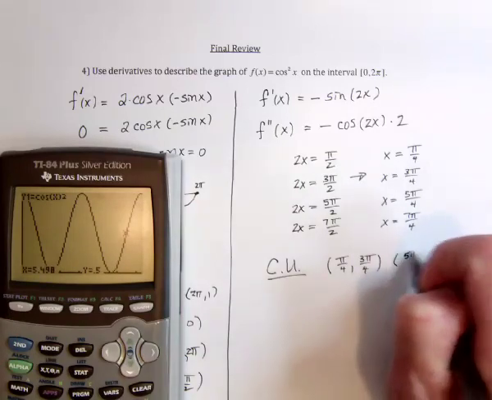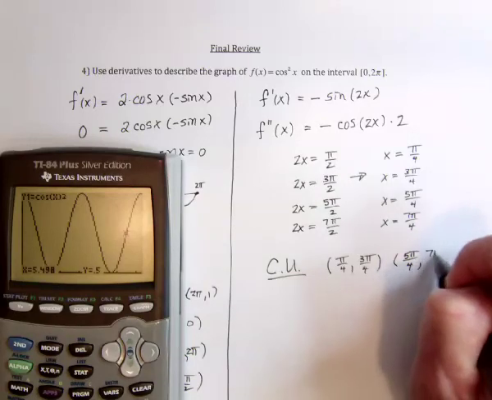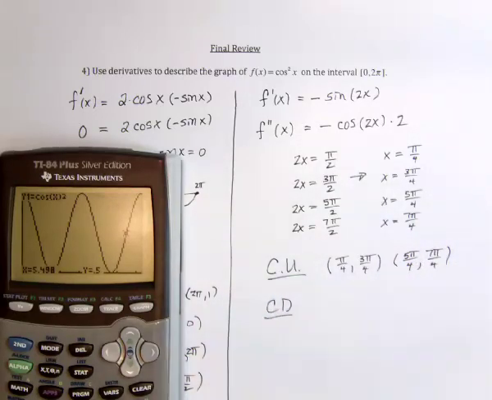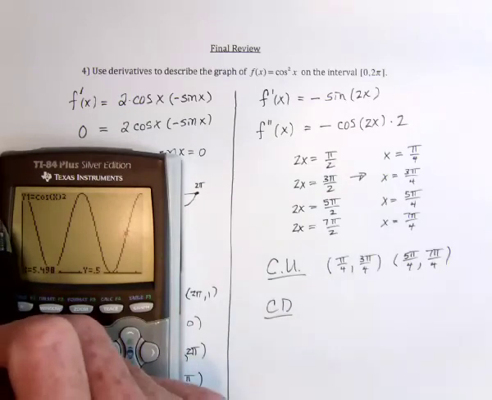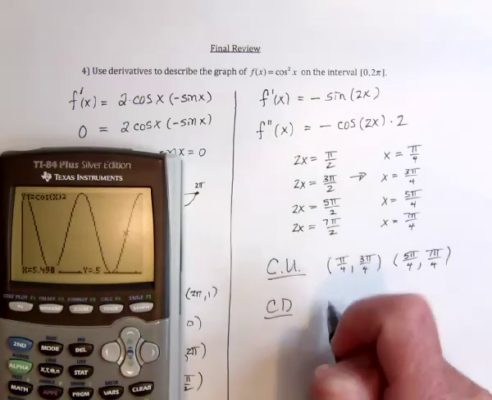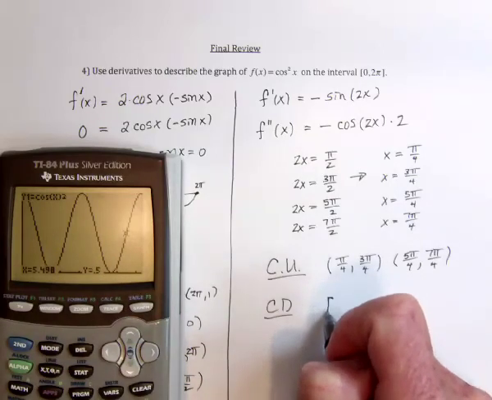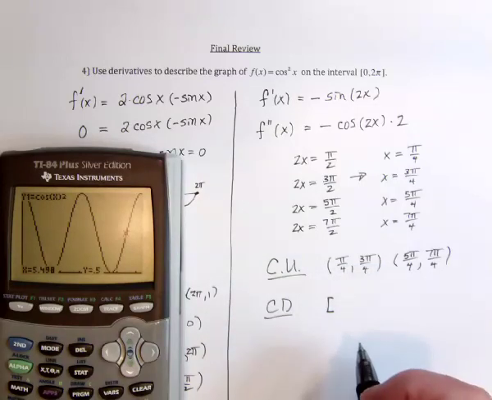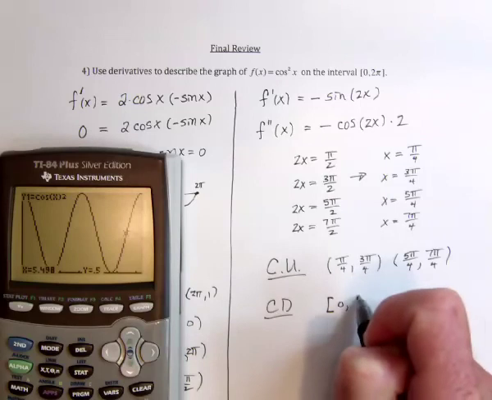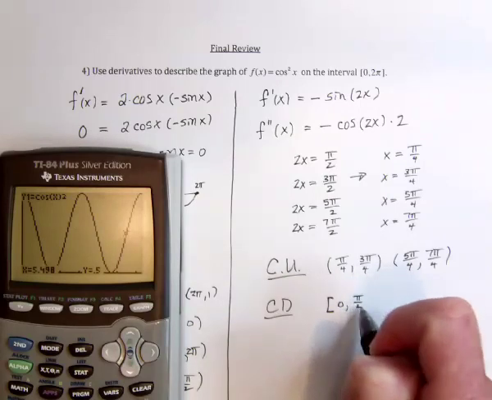So from 5 pi divided by 4 to 7 pi divided by 4, and finally concave down. So that would be over here. So from 0 to, so at 0, this is one of the few places where we actually have to consider including 0. So at 0, it is concave down to pi over 4.